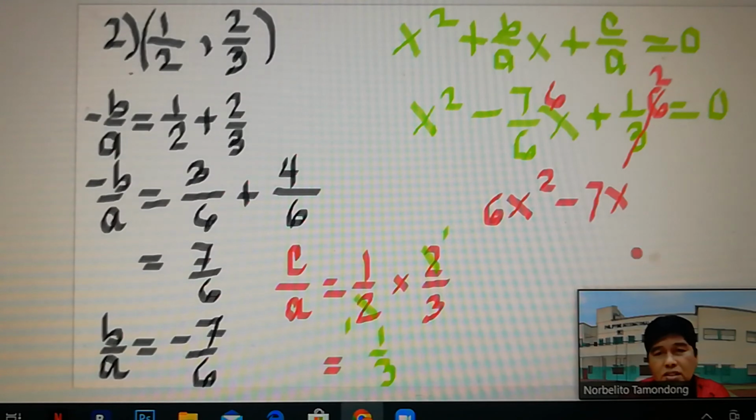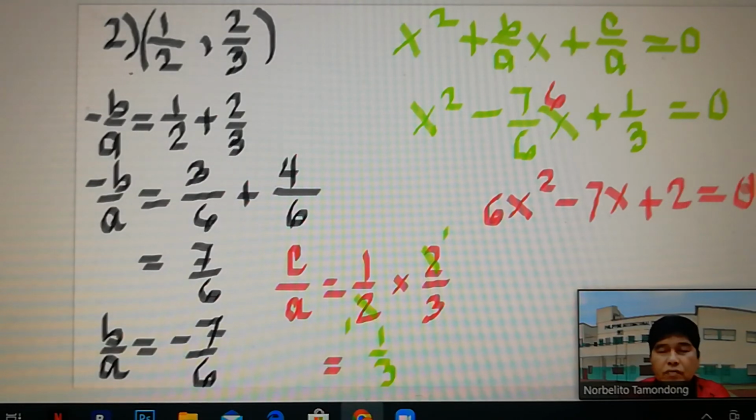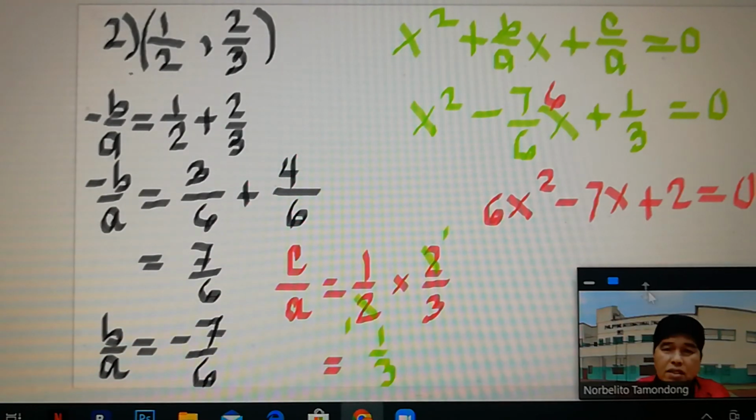So the result is equal to 2. So plus 2 equal to 0. So this is now the quadratic equation whose roots are 1/2 and 2 over 3.